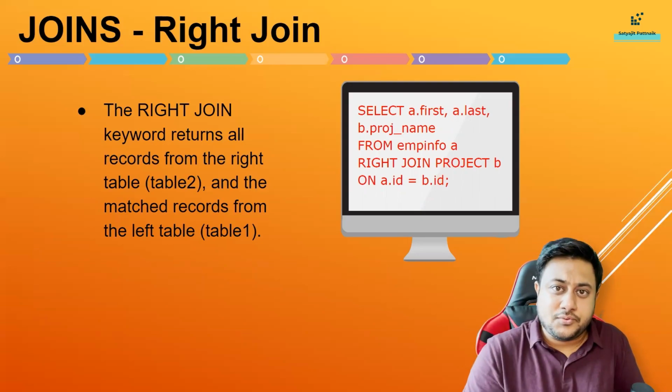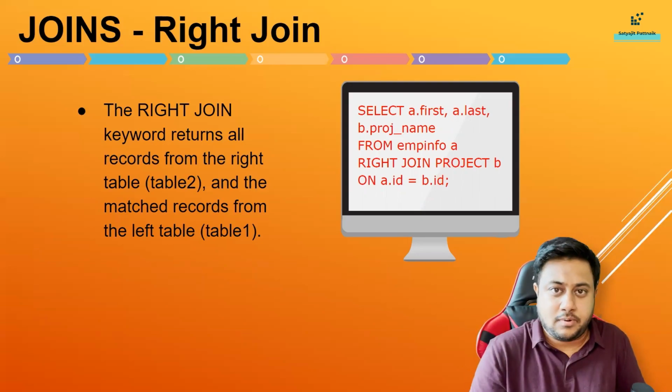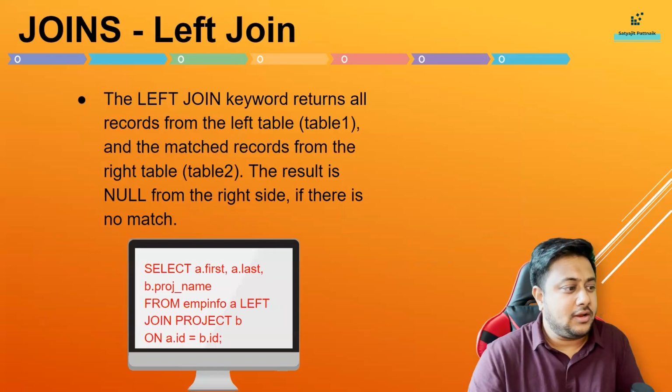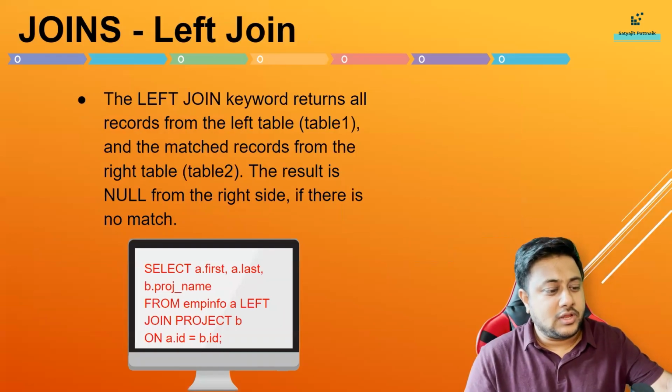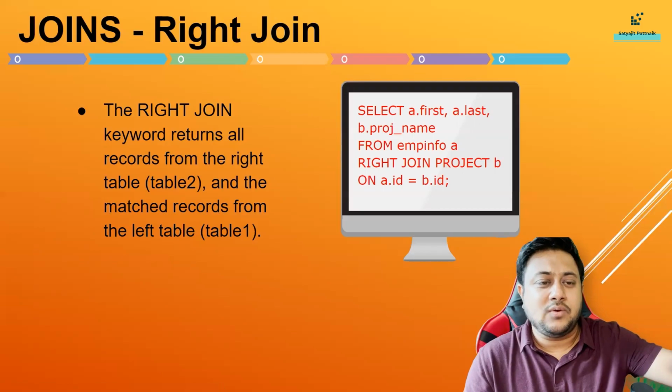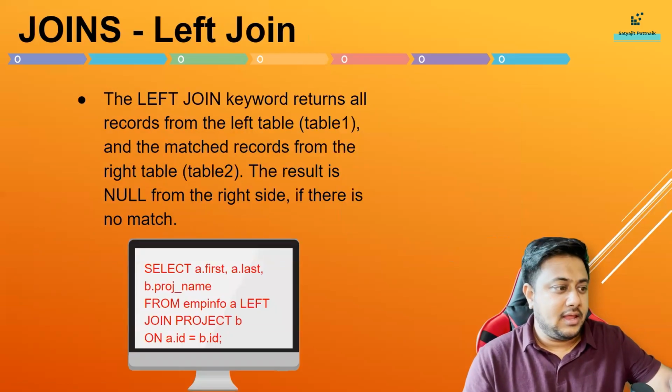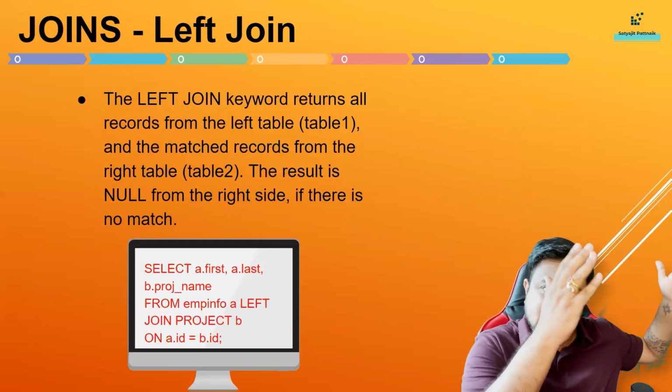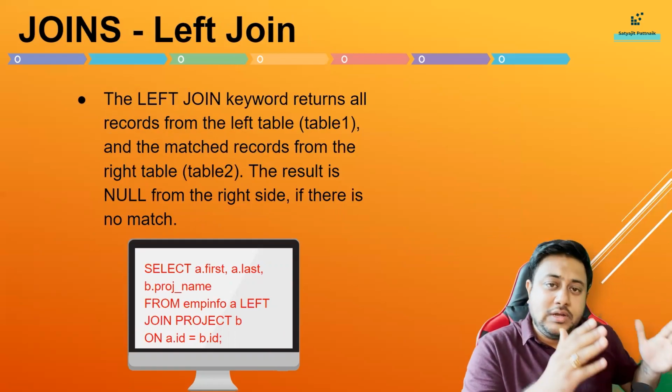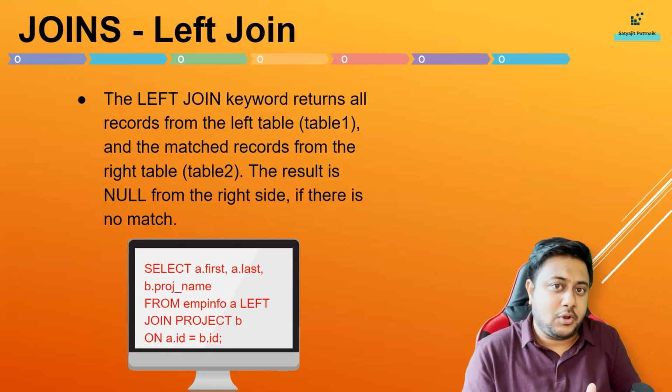Exactly the same piece of code you have to write for all types of joins. When it comes to left join, you are just changing the right keyword to left. That's it. This means all information from the employee table and only the matching information from the project table.